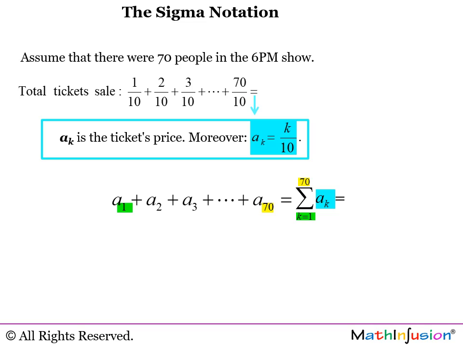As you can see, the lower limit of the sigma is the first index. In this case, it is k equals 1. And the one above the sigma notation is 70. It is the last value for k. Another way obviously to write it is this, because a sub k is k over 10.